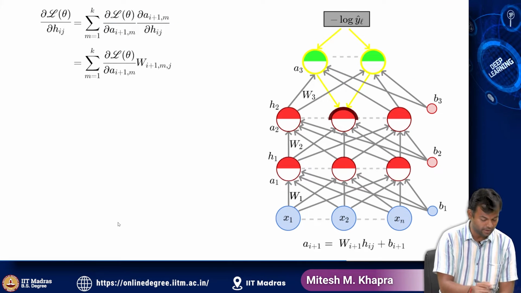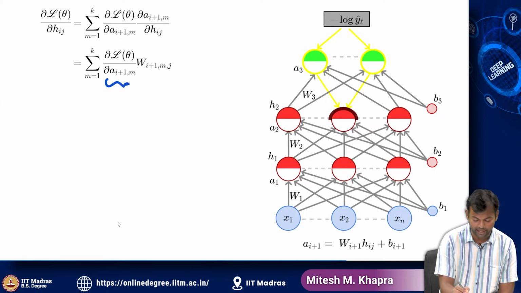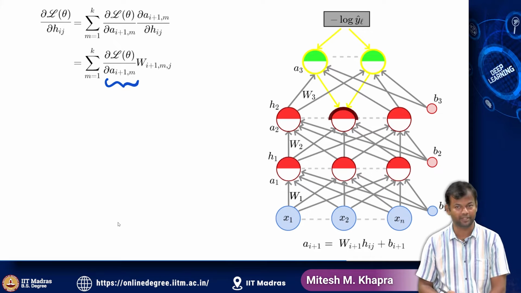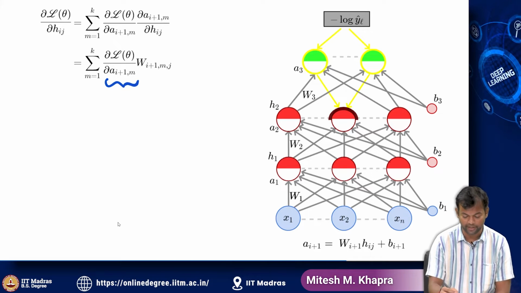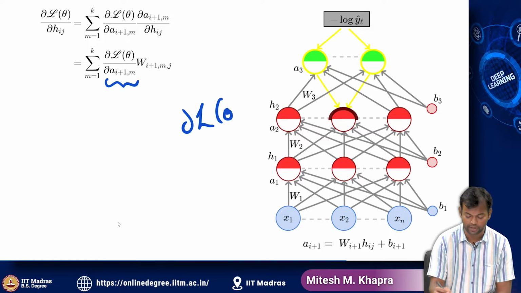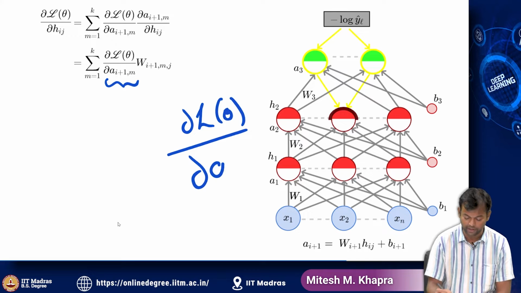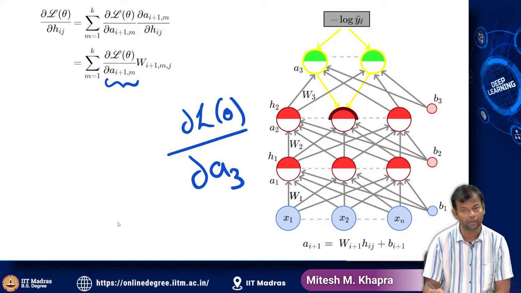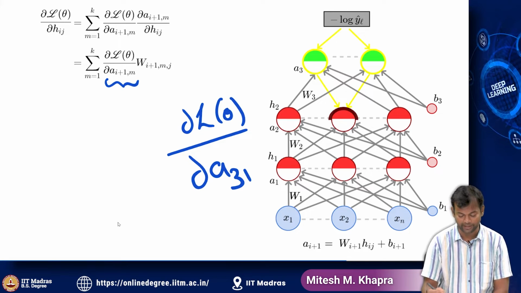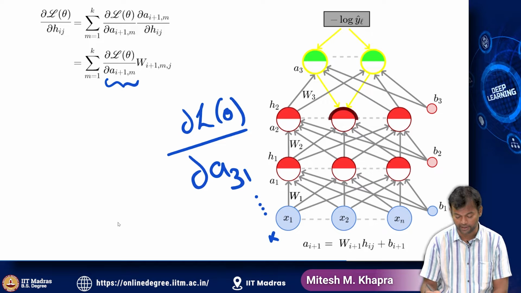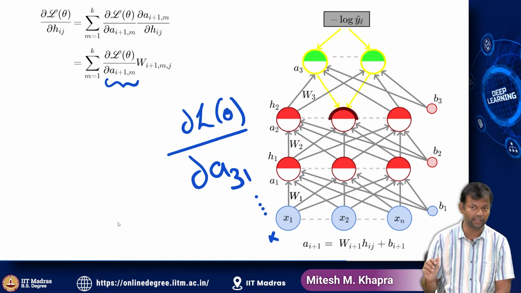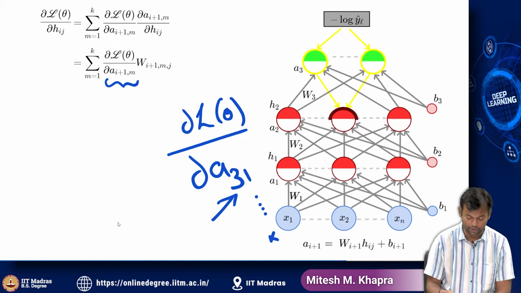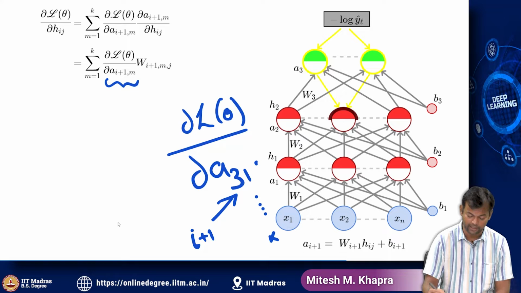As I just said, this quantity I have already computed in the previous video. You can see that we had computed the partial derivative of the loss function with respect to every neuron in the output layer, a31, a32 all the way up to a3k. Here 3 is equal to i plus 1, and these are the m.